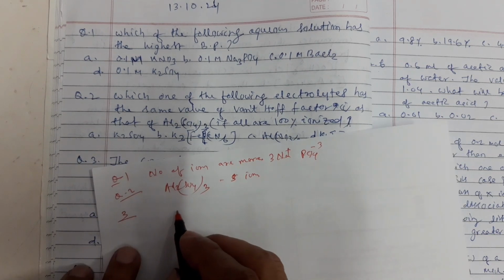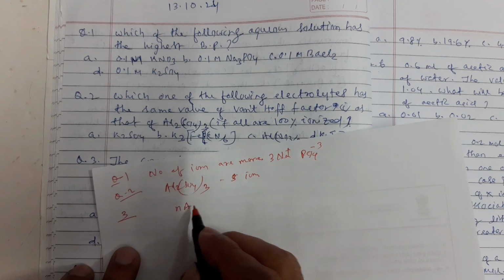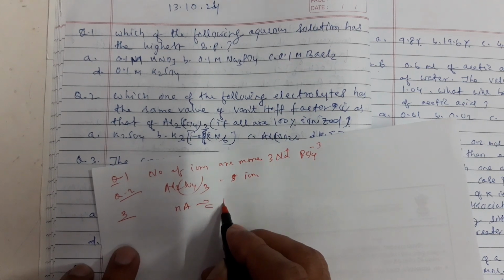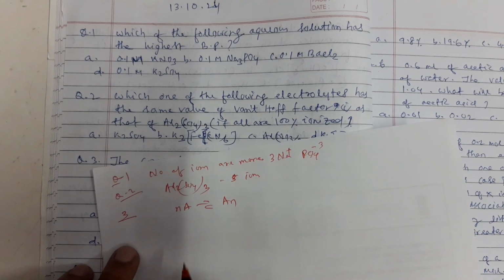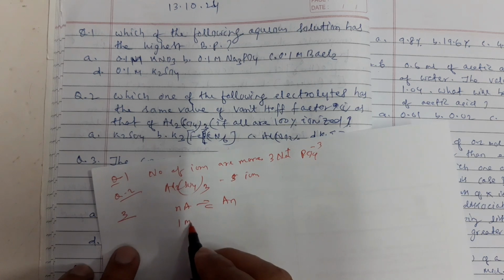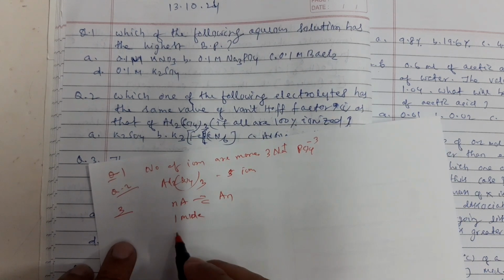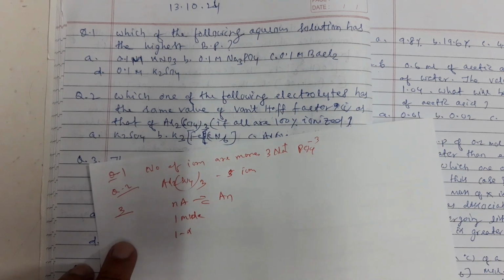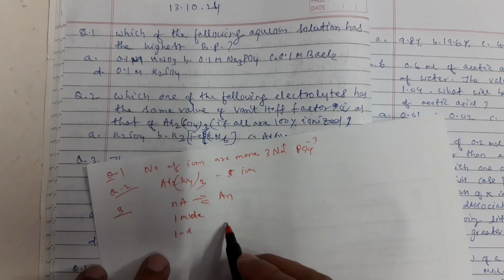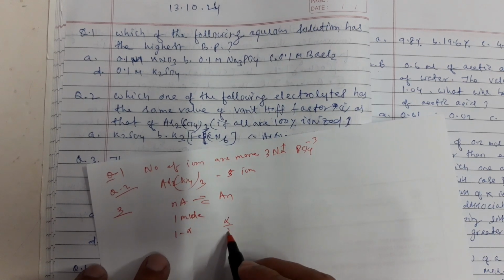Let us take a solute that associates as n A giving An. Starting with 1 mole, after some time 1 minus alpha will remain, and the associated amount is alpha by n.